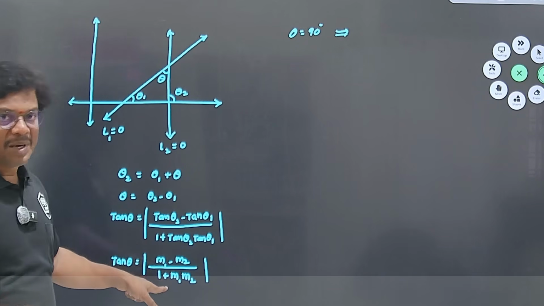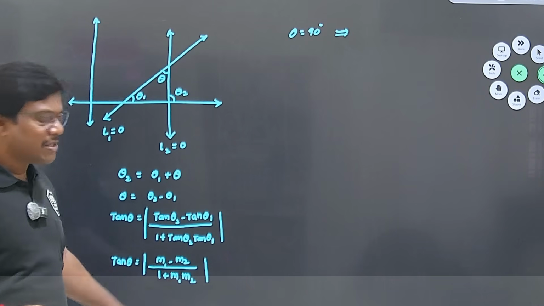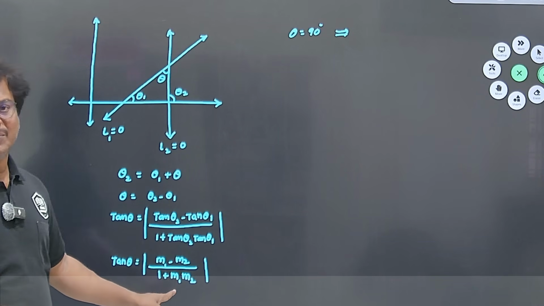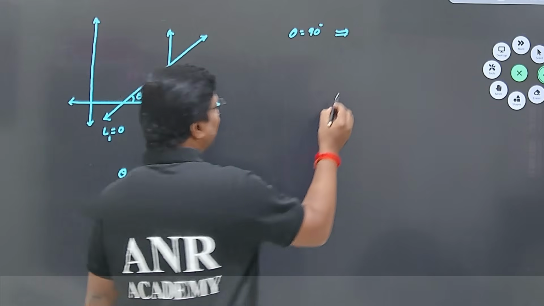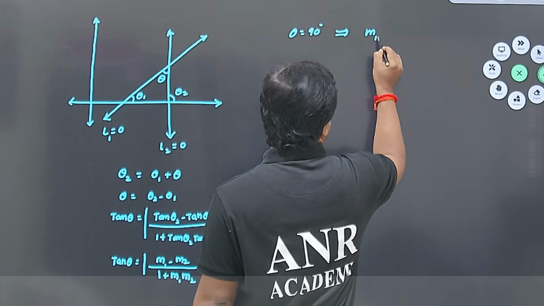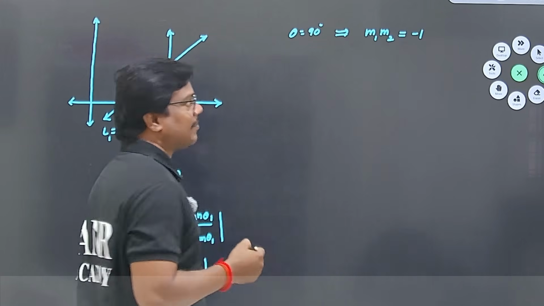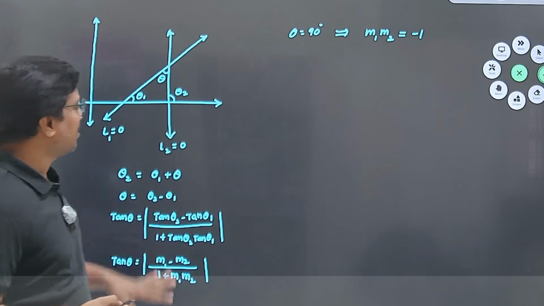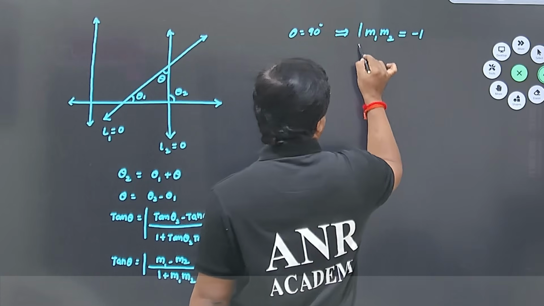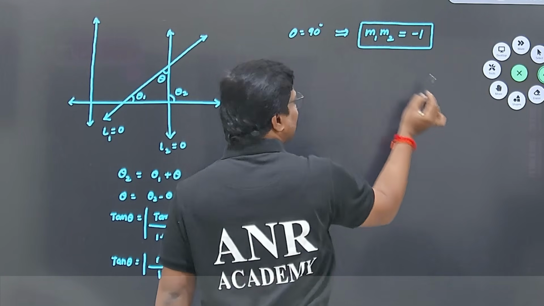This is possible only when the denominator equals 0. Denominator 0 means m1 into m2 plus 1 equals 0. That implies simply I can write the product of slopes equals minus 1. Yes, this is in the real number system. Now let us move to complex form.